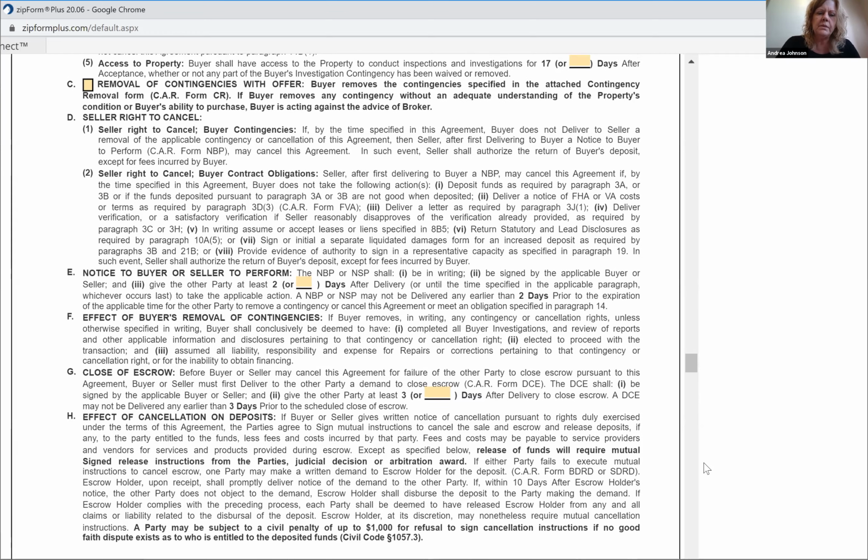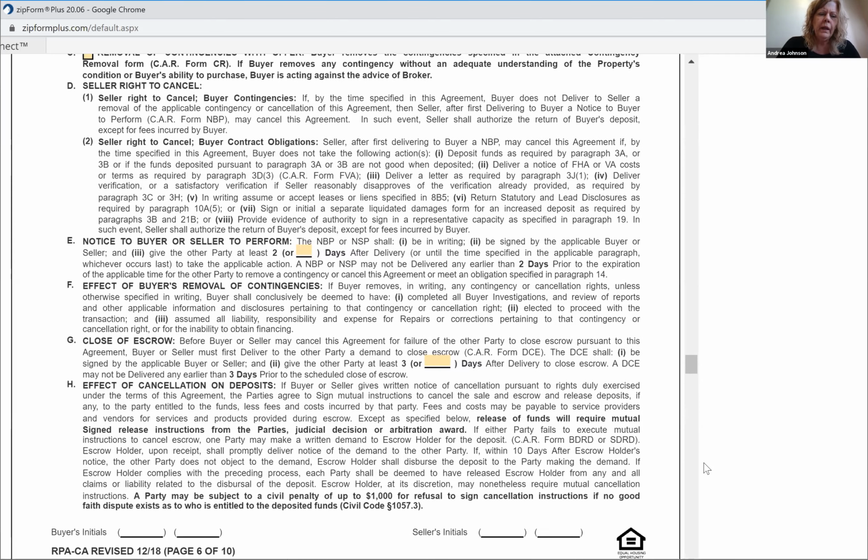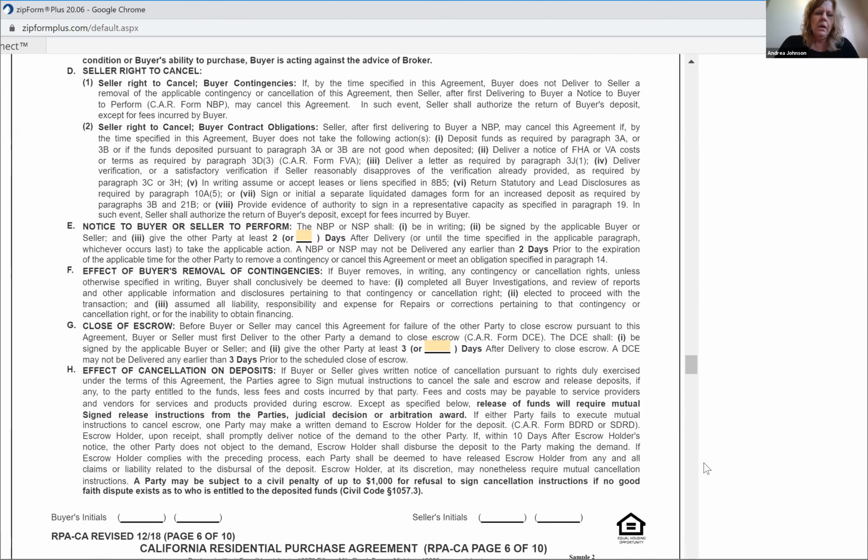So to me, that's broker's worst nightmare. Now, seller's right to cancel and buyer contingencies. If by the time specified in the agreement, again, that would be paragraph 14B1, buyer does not deliver to seller a removal of the applicable contingency or cancellation of this agreement, then seller, after first delivering to buyer a notice to buyer to perform, which is CAR Form NBP, may cancel this agreement.